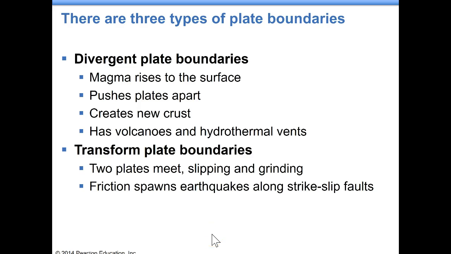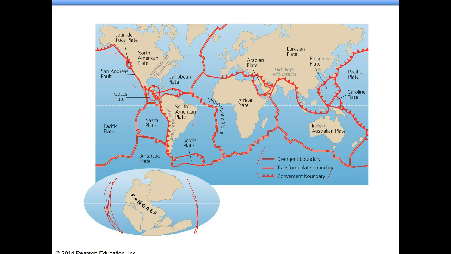Okay, so transform plate boundaries are where two plates meet. So these plates can be moving together, and they can either cause a slipping or a grinding. This type of plate boundary is what produces the earthquakes along the strike slip faults. So let's go back to that picture and look at the transform boundaries. It runs right along here.